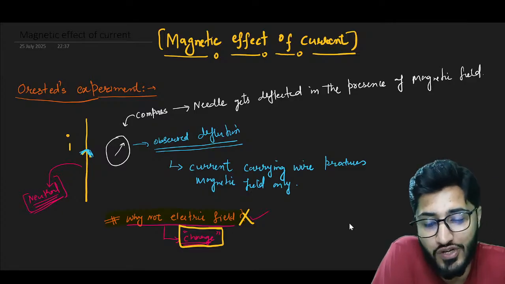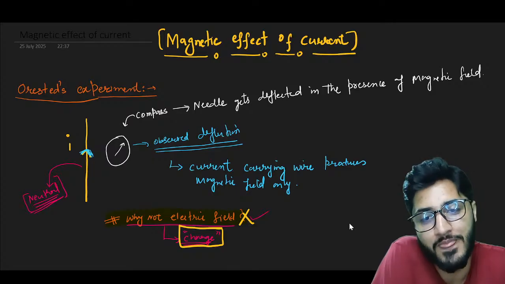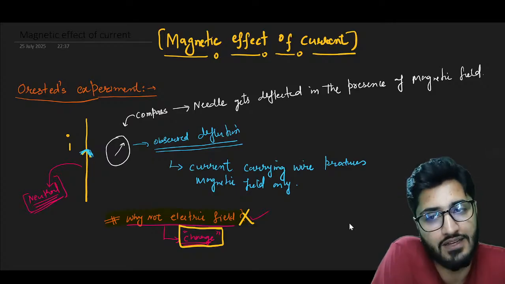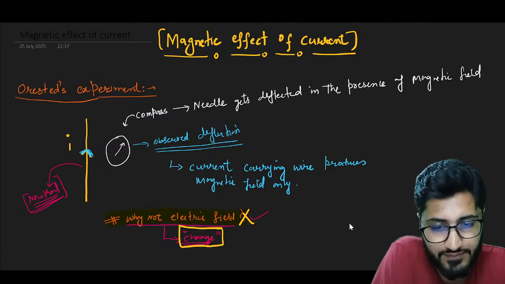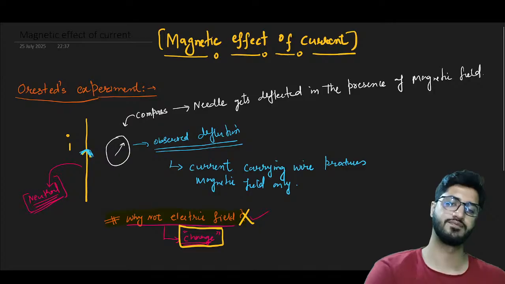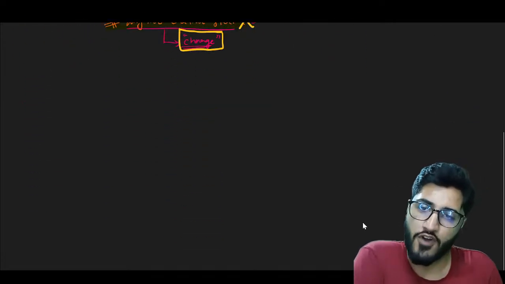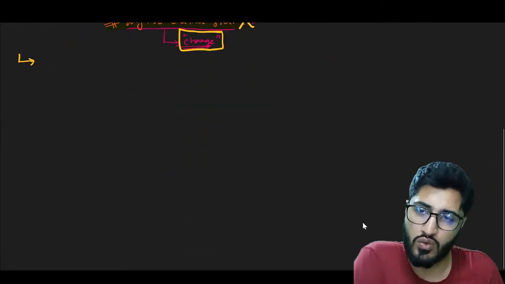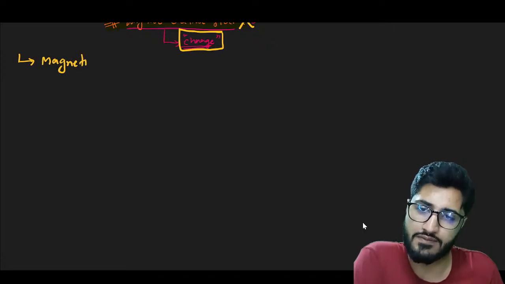If this is a neutral body, there is no electric effect, only magnetic effect. And this experiment is known as Oersted experiment. Done? Now, from Oersted experiment, we conclude what: a magnetic field.